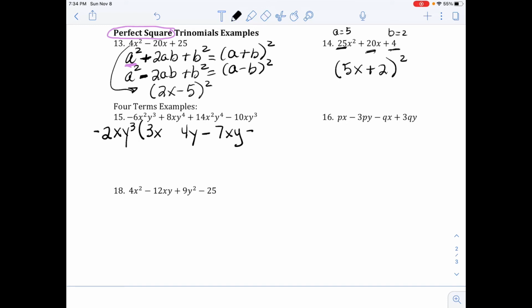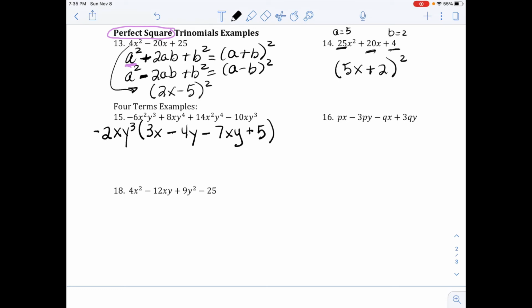And 8 divided by a negative 2 is a negative 4. Okay, 14 divided by 2, negative 7. X squared divided by x, y cubed divided by y. And then the last one, plus 5 and nothing else. Now there's 4 terms still left inside.